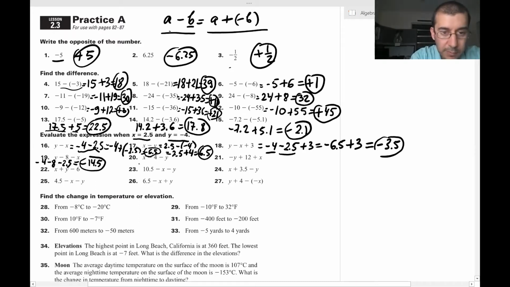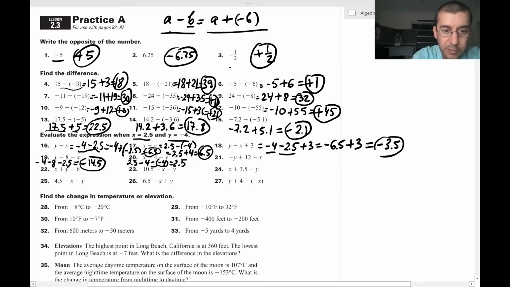Okay, next one, 20. So we have x minus 4 minus y. x is 2.5, so we have 2.5 minus 4, and then minus y is minus -4, which is +4.